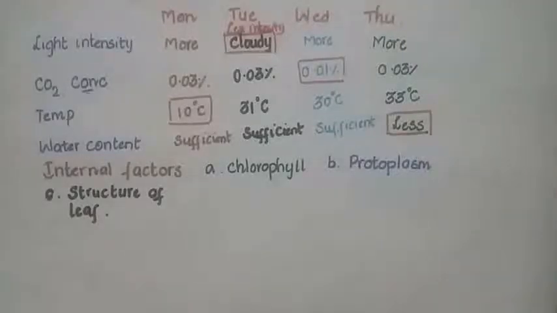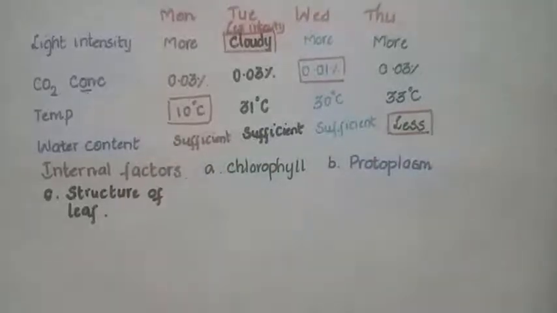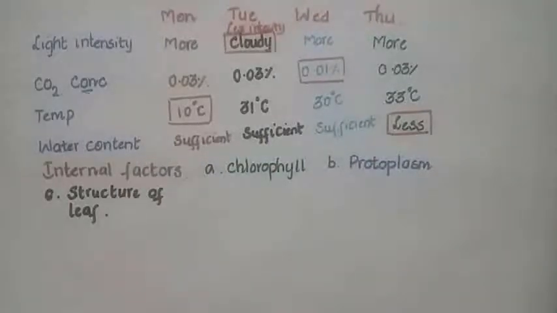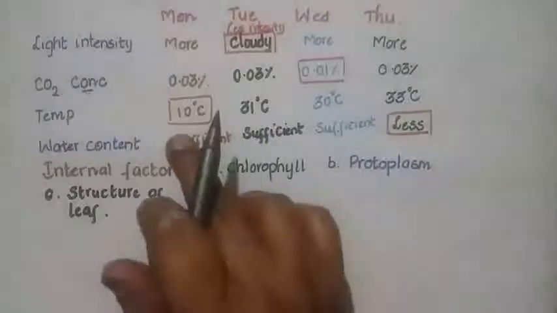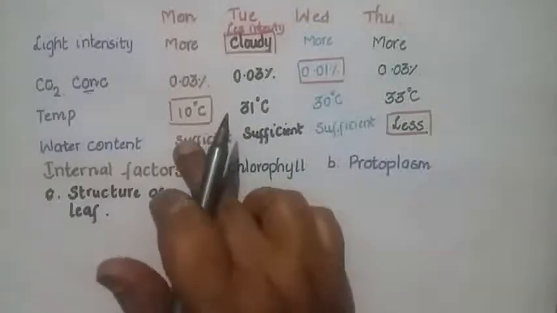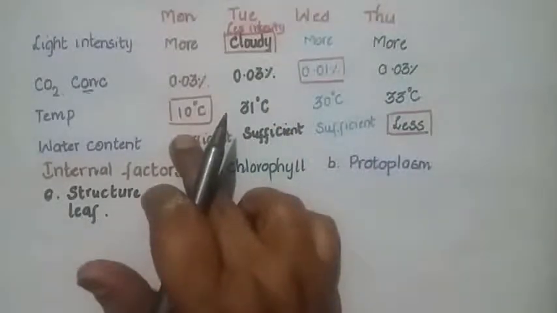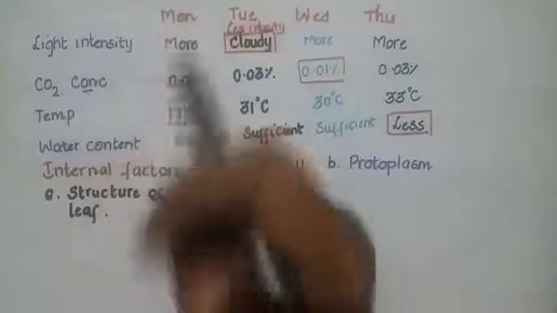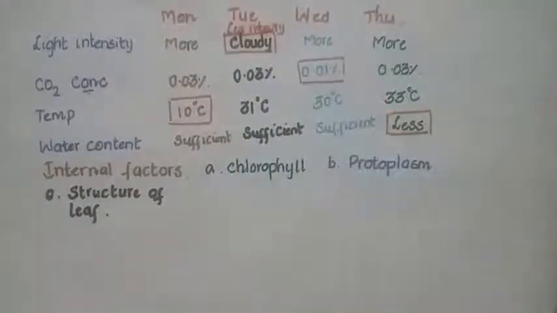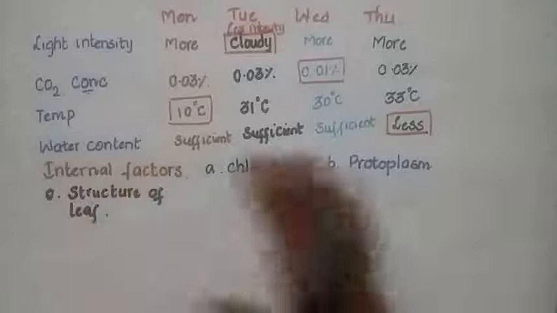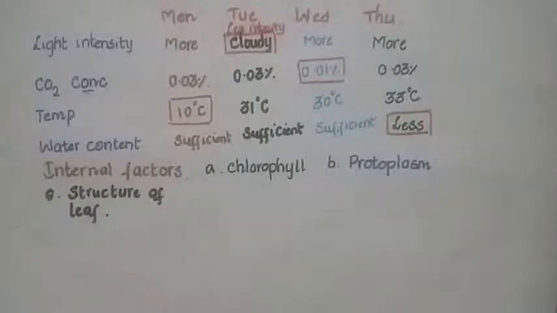So basically, if you just look at the different days of this particular week, you can very clearly say that Monday the rate of photosynthesis was less because of temperature, which was too less. If you increase that, the rate of photosynthesis will be more. So in the same way, Tuesday it was sunlight, Wednesday the amount of carbon dioxide, Thursday the water content.